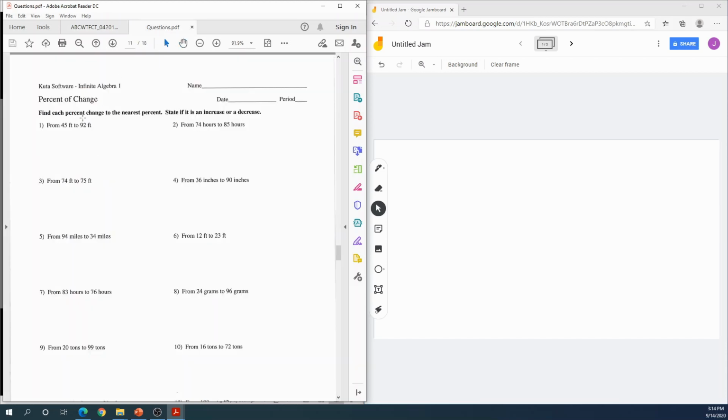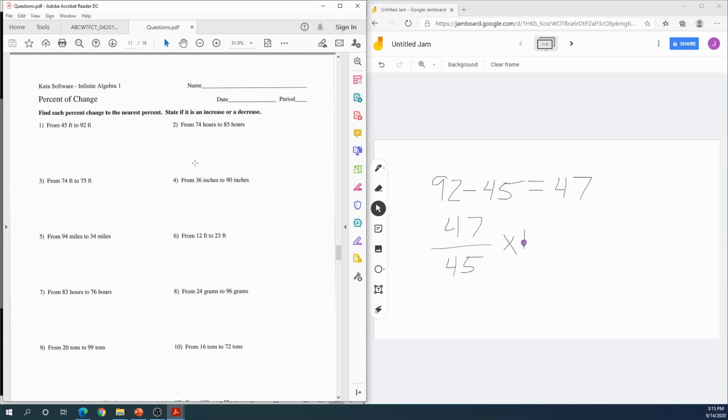So let's take a look at this percent change. So we have from 45 to 92. So how much did this change? 92 minus 45 is going to be how much we changed. This is equal to 47. So then to find percent change, we're going to take how much we changed, 47, over our starting amount of 45.